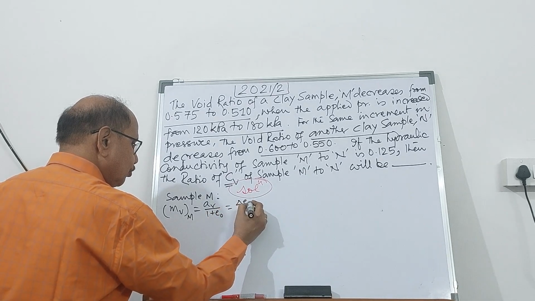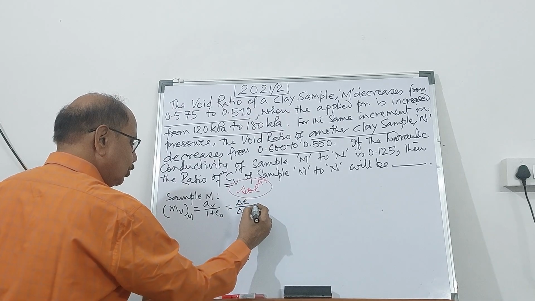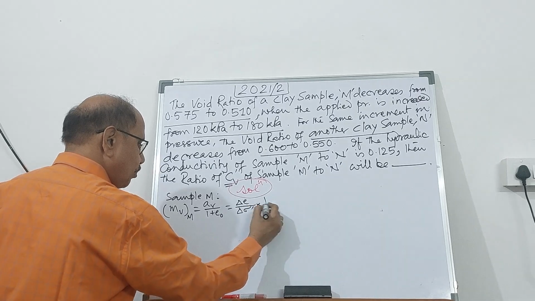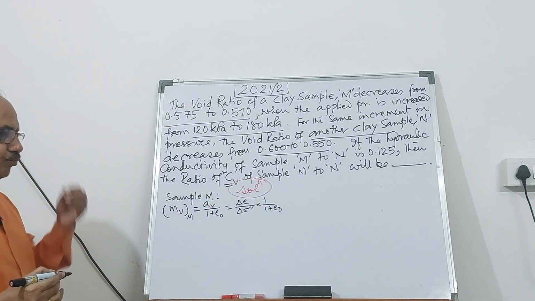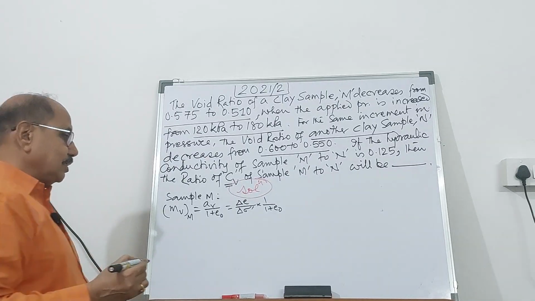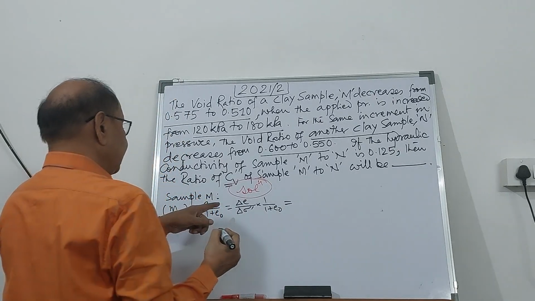It is the change in void ratio per unit increase in effective pressure into 1 upon 1 plus E0. This is the value of MV. So friends, you can calculate this. What is delta E?